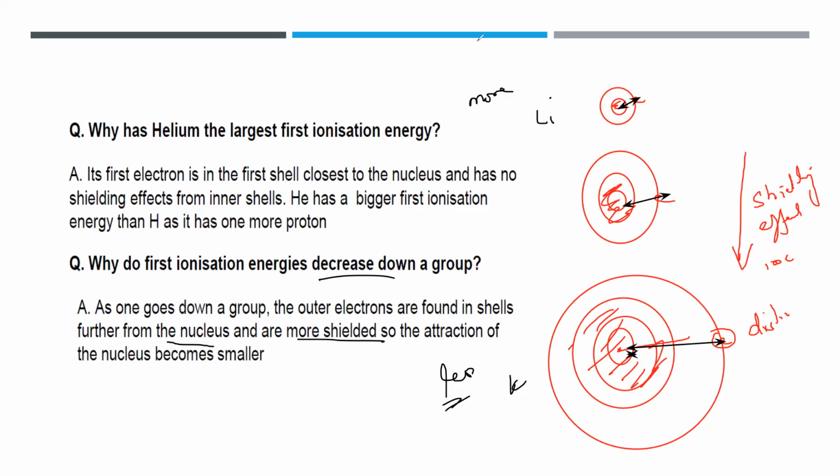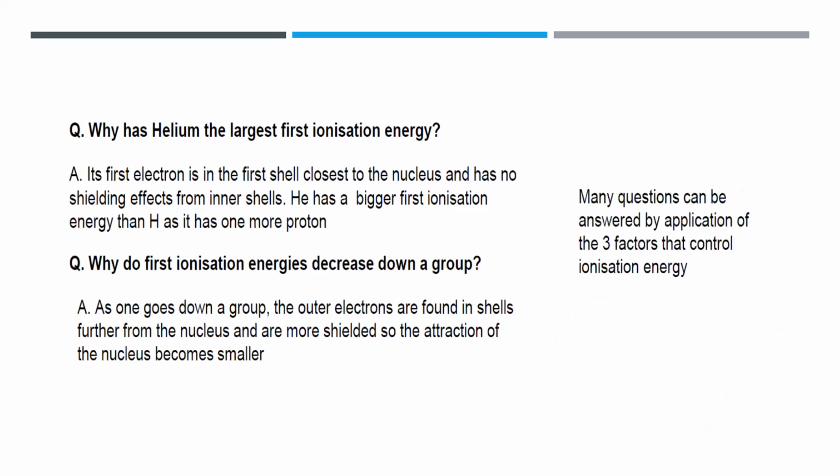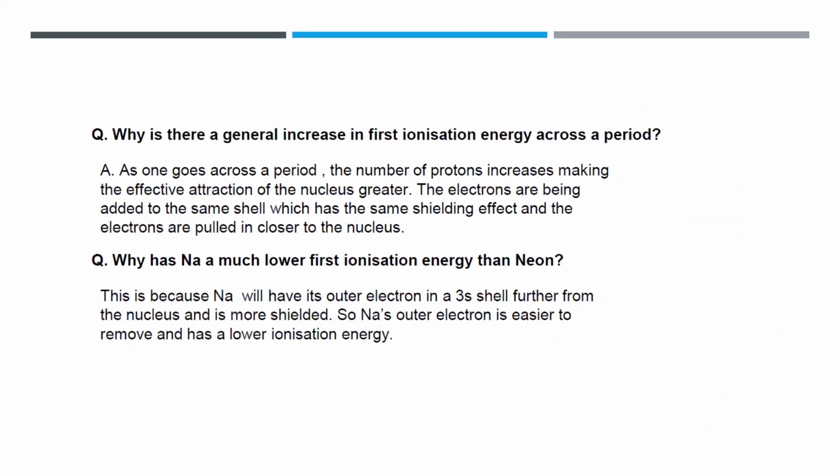Is it clear? The concept of ionization energy and the trend in the ionization energy. Then another similar question: why is there a general increase in first ionization energy across the period? Because the size is decreasing and the charge is increasing.